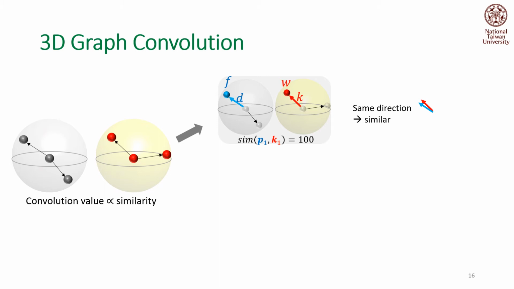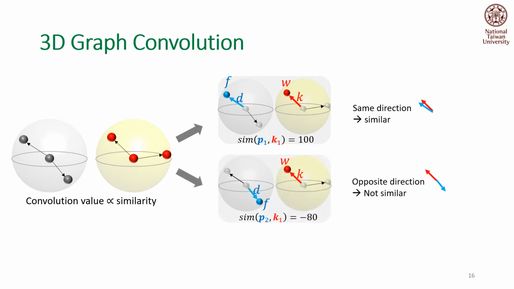We want to calculate the similarity between the neighbor node P1 and kernel support K1. Since they are in the same direction, they are similar, so the similarity value between them is high. On the other hand, the neighbor node P2 is in the opposite direction to the kernel support K1. They are not similar, so the similarity value between them is low.